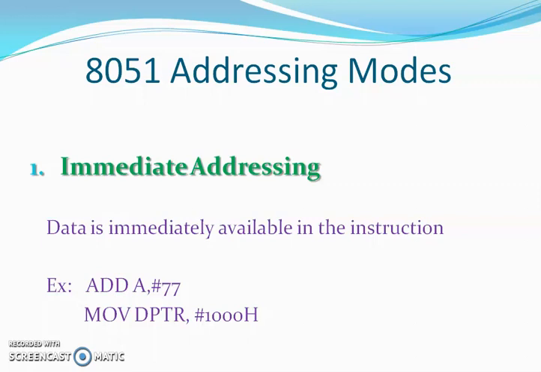That is, the data is given directly in the instruction itself. So the data can be directly collected from the instruction and the arithmetic operation specified herein can be completed. So this is immediate addressing. That means the data is immediately available in the instruction.